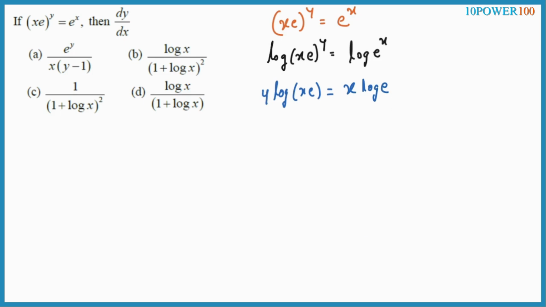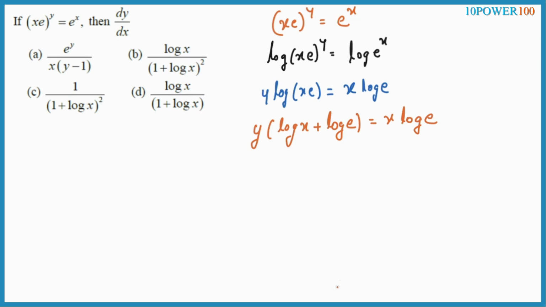If I rewrite this using the log ab formula: log of a into b is equal to log a plus log b. So this becomes y of (log x plus log e) is equal to x into log e.